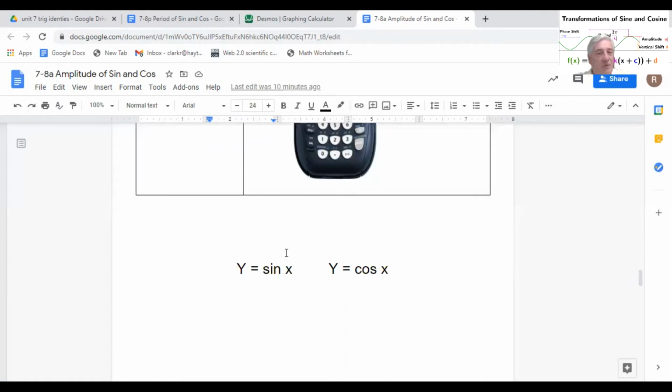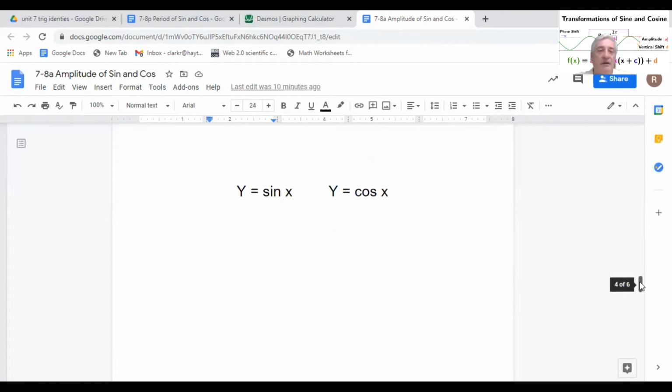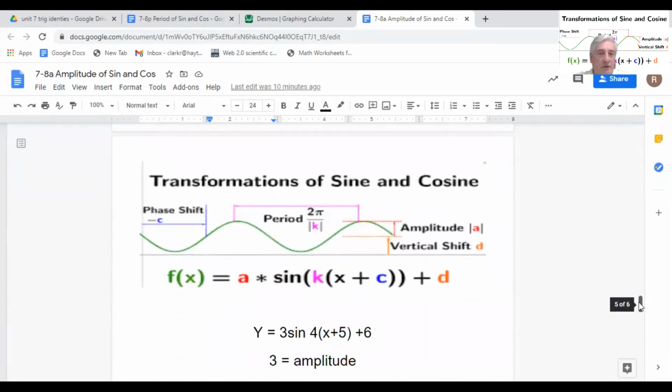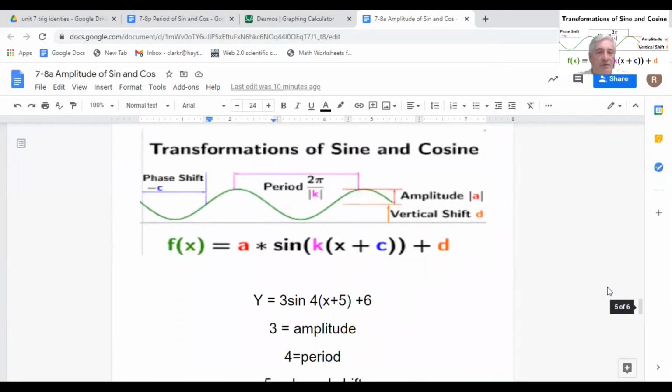We're going to put in y equals sine x, y equals cosine x, and then we're going to talk about amplitude. Now, before I get to amplitude, here is a chart that has all 4 of them in it. A is amplitude, which we're going to talk about today. It's in front of the sine. And I will show you on a graph in a minute what it does.